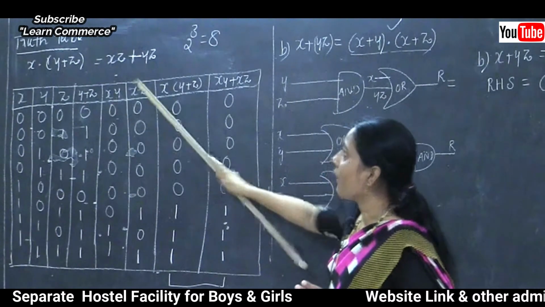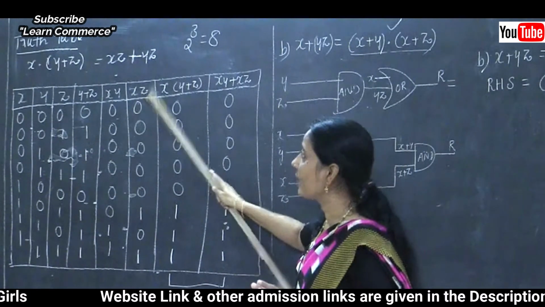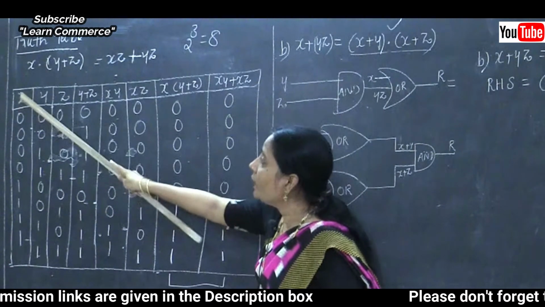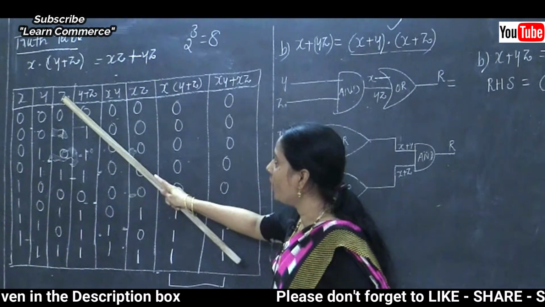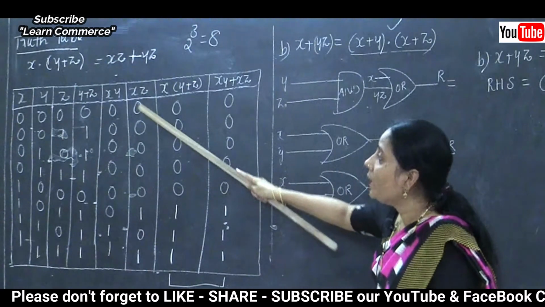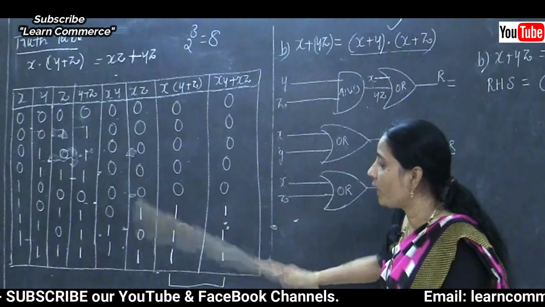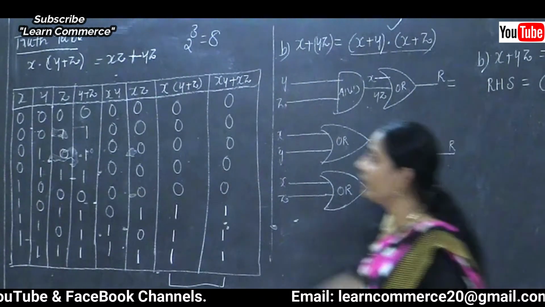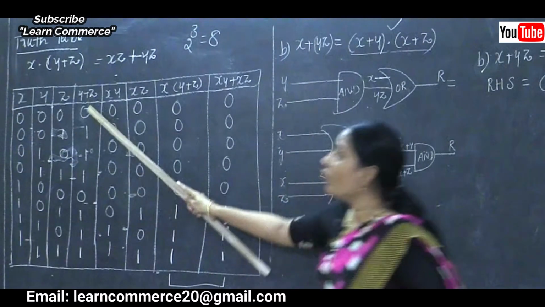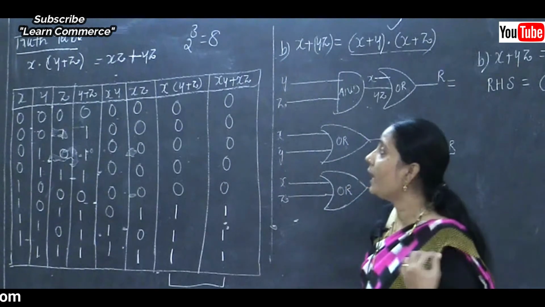Later, next one, we also add the values for xz. Clear this point here? For xz we take the first column and the third column. Clear this point? After that we get the values for the xz column: 0 0 0 0 0 1 0 1. After completing, the first column is x, second is y, third is z, fourth is y plus z, next is xy, and next is xz.